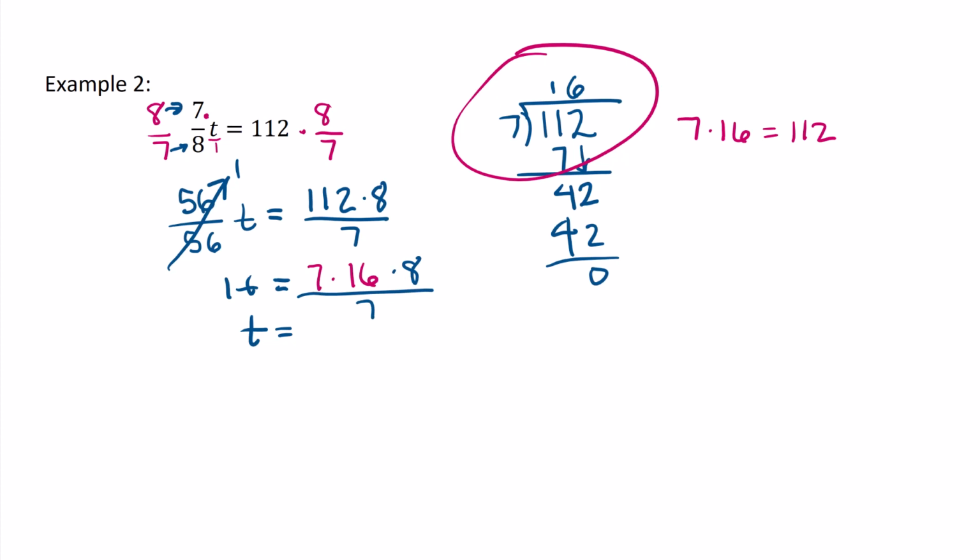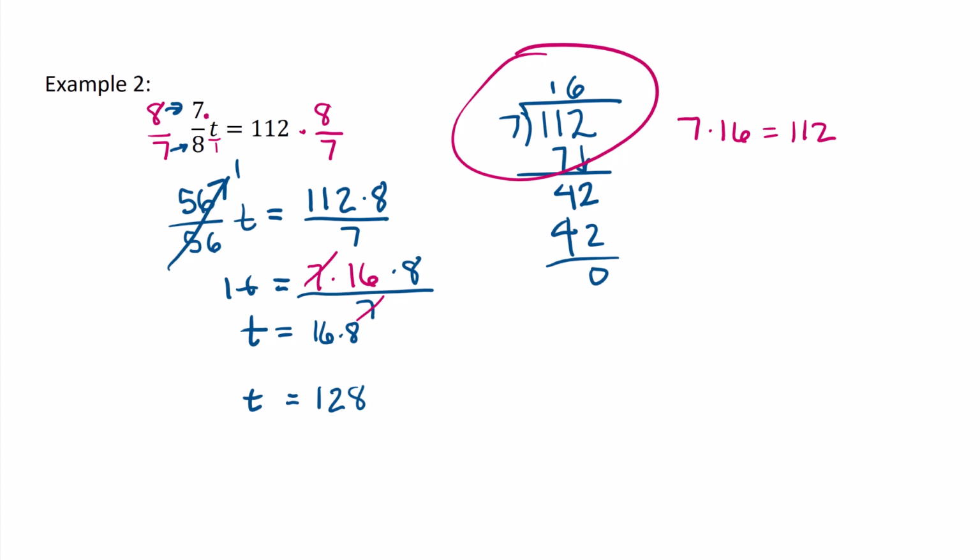And now since the 7 over 7 is equal to 1, I can reduce those out. So I have t is equal to 16 times 8 as my solution. Well, 16 times 8 is 128, so t equals 128.